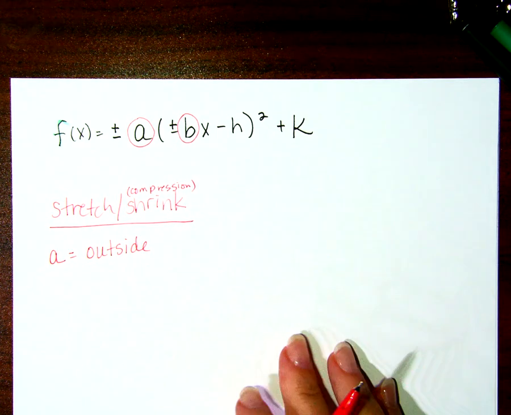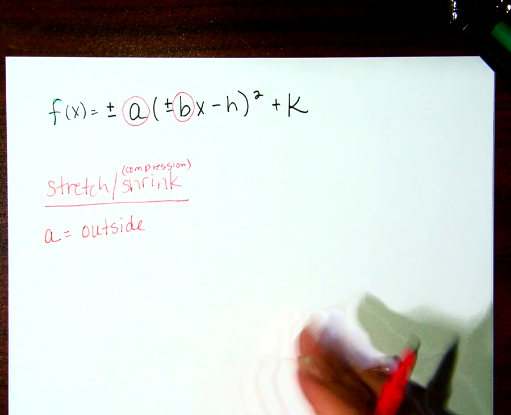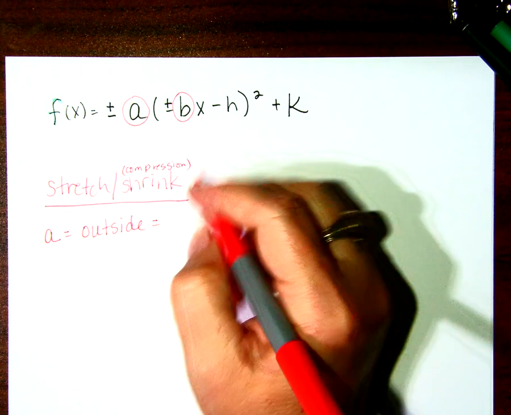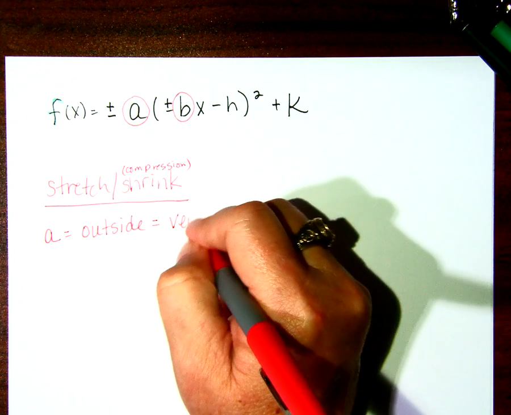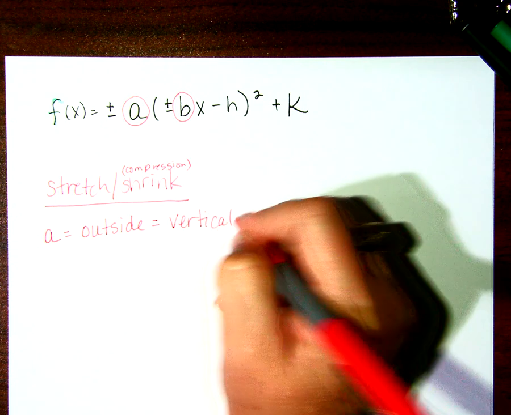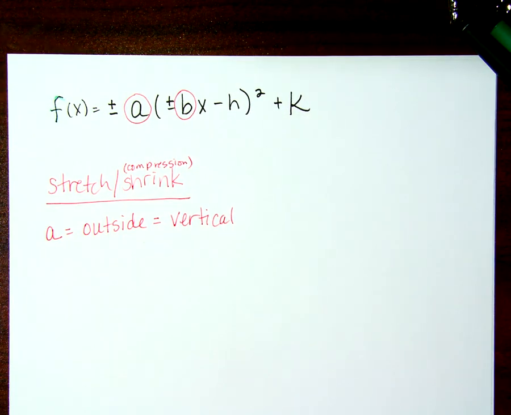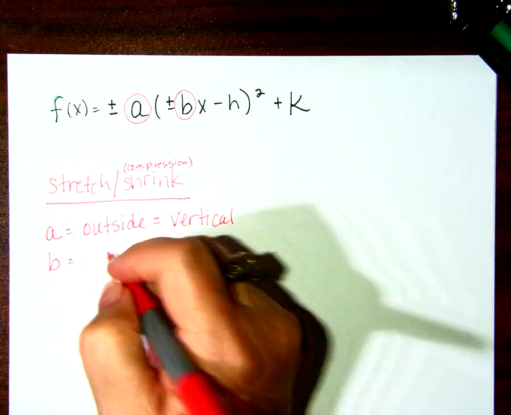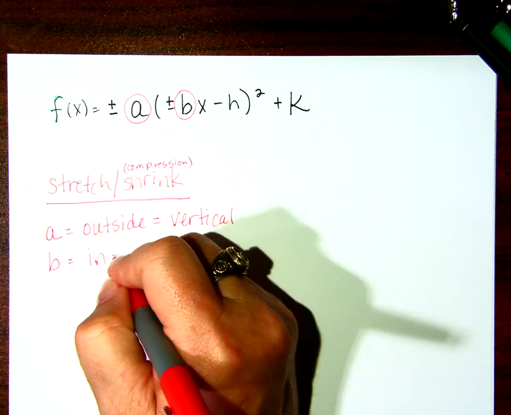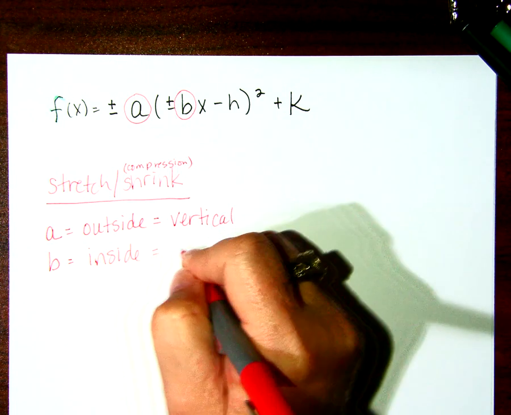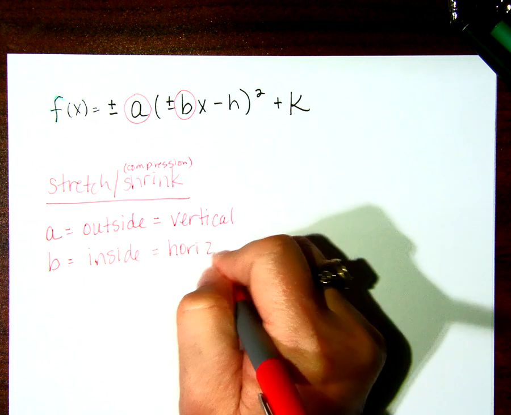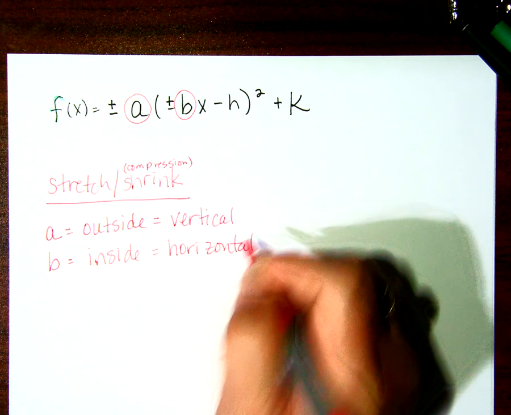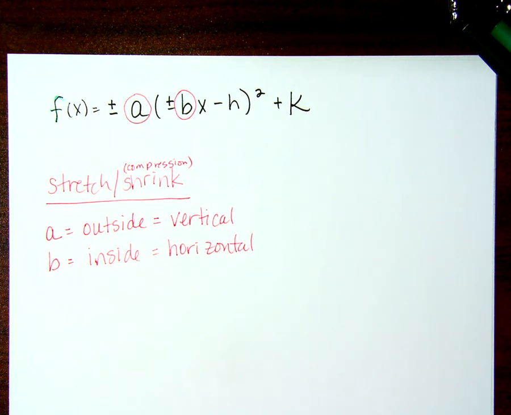So what kind of stretch or shrink does it cause? Causes a vertical stretch or shrink. Okay. Where is B? Inside. So what kind does it cause? Causes a horizontal stretch or shrink, right?